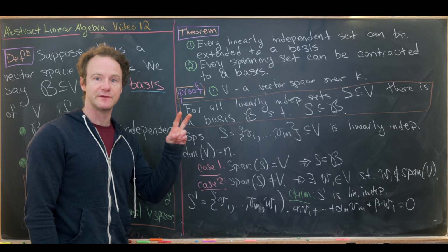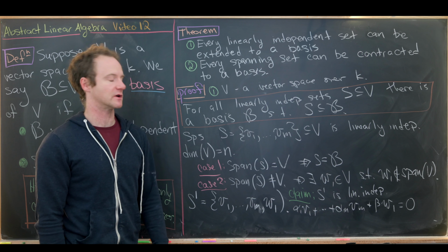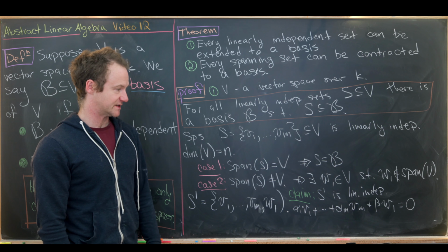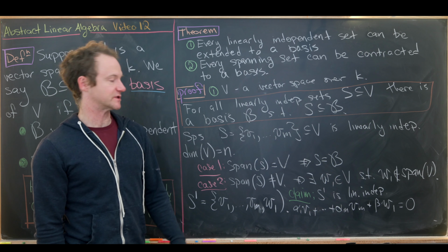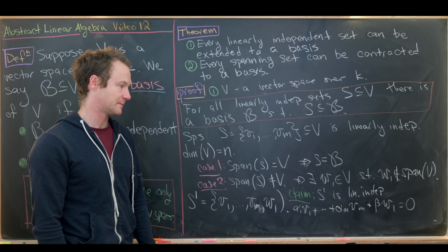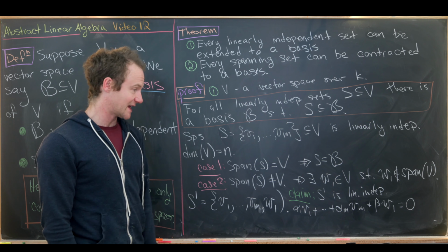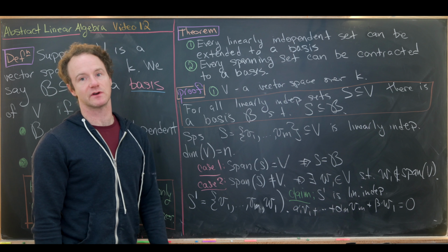Great. Now let's notice we've got two cases. The first case is if beta is equal to 0. But if beta is equal to 0, then alpha 1 through alpha m are also equal to 0 because our original set was linearly independent. So that moves on to our second case, which is beta is not equal to 0.